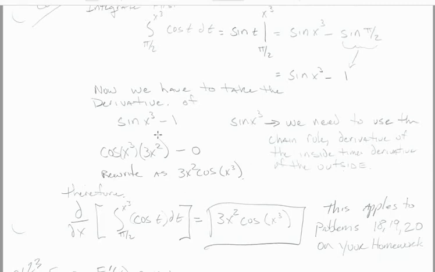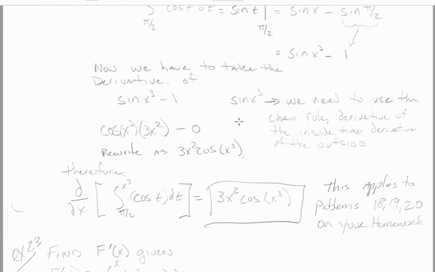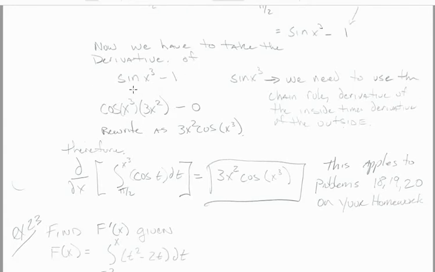Now we have to take the derivative of sine of x cubed minus 1. You have to be careful. Remember, it's not sine cubed of x, it's sine of x cubed. That's when we had to do u substitution and say u was x cubed. Or we can recognize it's a chain rule, so the derivative of the outside times the derivative of the inside.